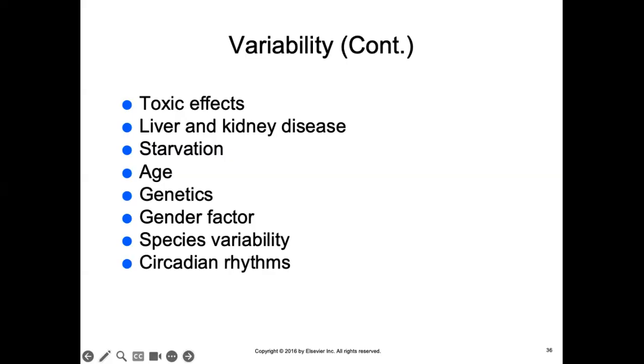And then genetics, some patients are unable to metabolize succinylcholine, as an example, resulting in succinylcholine apnea during the recovery after surgery. Then, of course, there's species variability, and gender effects. All of those have to be considered.